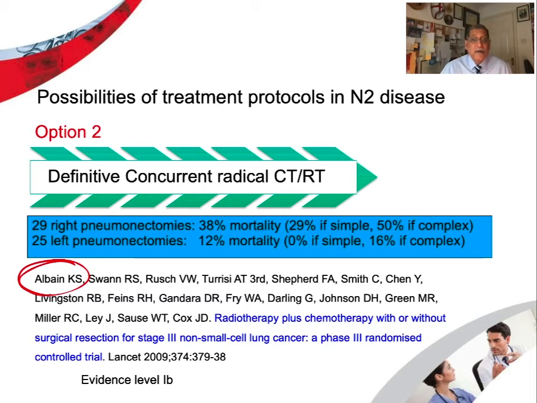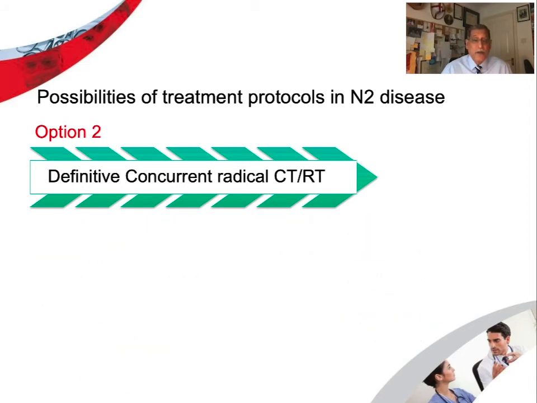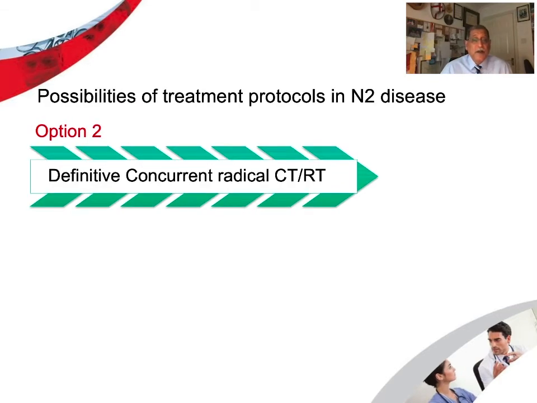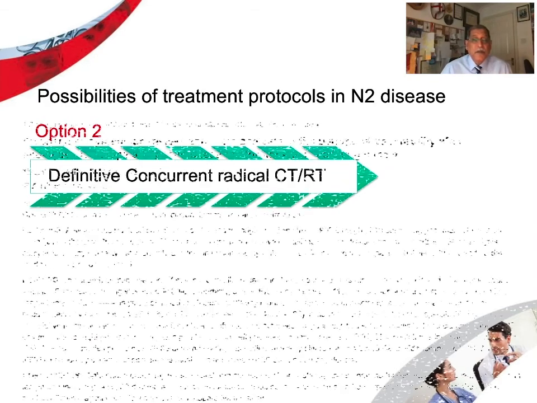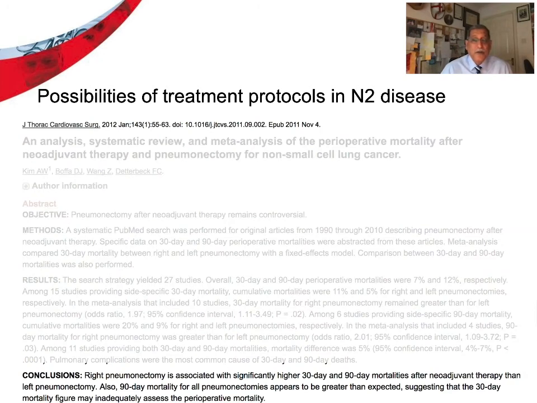There was 30% death in straightforward right pneumonectomy, rising to 50% if the right pneumonectomy was intrapericardial and complex, whereas the mortality of straightforward left pneumonectomy was 0%, and it rises to 16% when the pericardium was opened for a complex pneumonectomy. Detterbeck and colleagues performed a systematic review of mortality in induction chemotherapy followed by pneumonectomy.